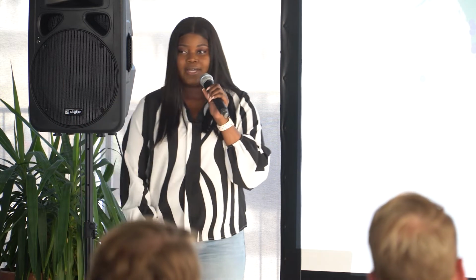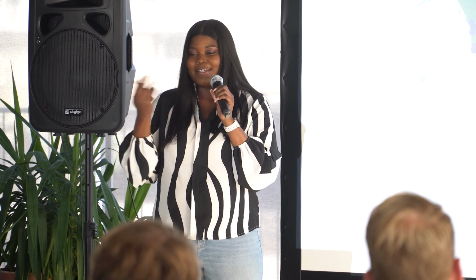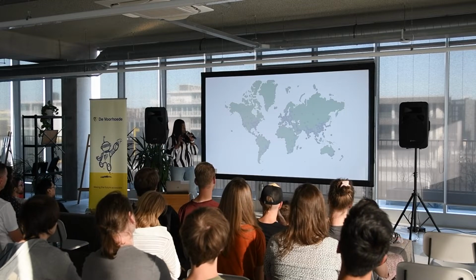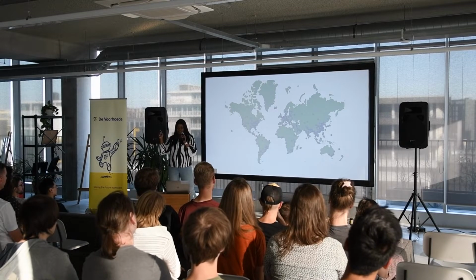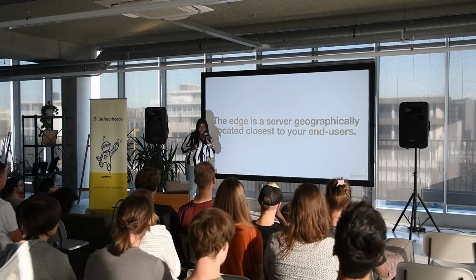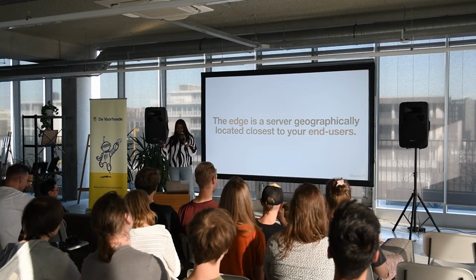But the difference compared to edge functions is that you have servers, in this case, CDNs, located across the globe, and your functions are deployed across all of these CDNs. So the essence is then, as a developer, your application is accessible to everyone regardless of where they're located. And this is currently Cloudflare's edge network. All the dark blue spots you see there are actual CDNs that are located across the globe. So essentially, the edge is servers that are geographically located closest to your end users.